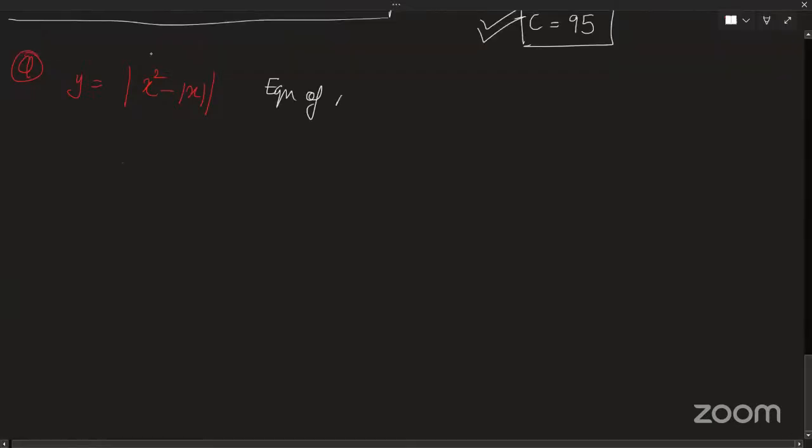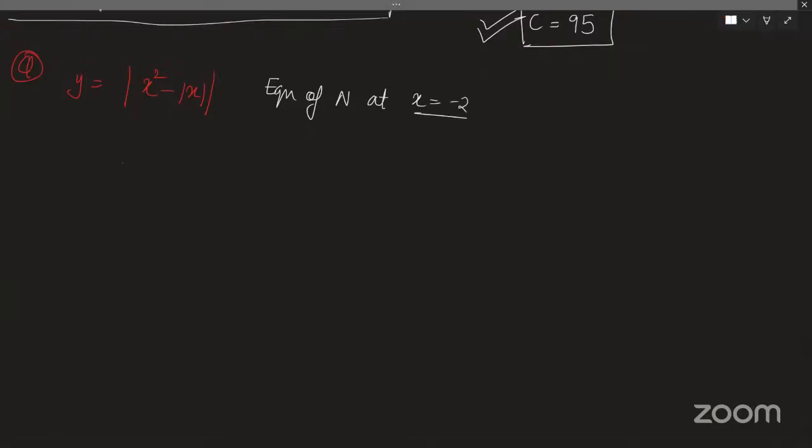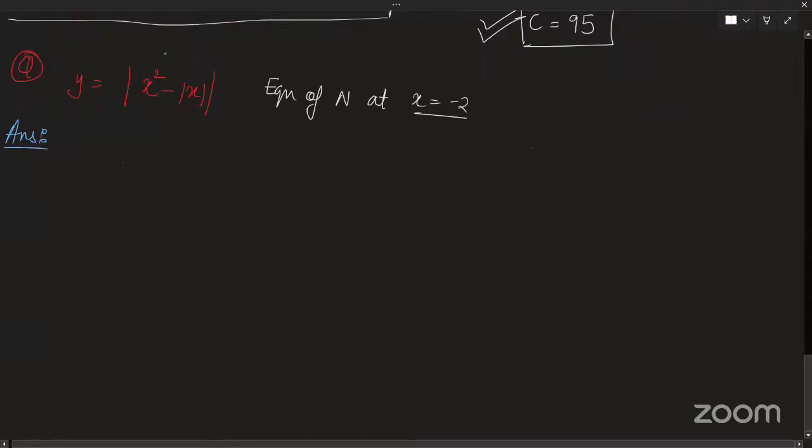You have been given a curve y is equal to mod of x square minus mod x, and it is asking what will be the equation of the normal at x is equal to minus 2. Do all of you remember the definition of mod x?